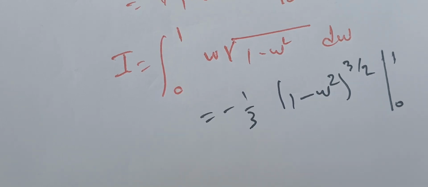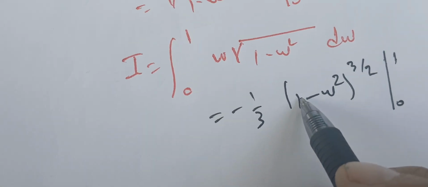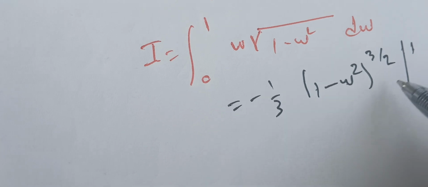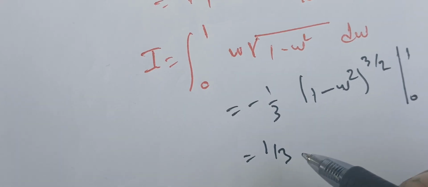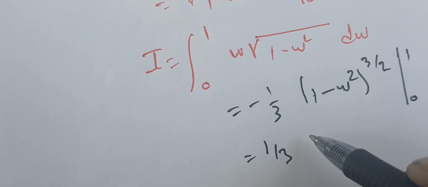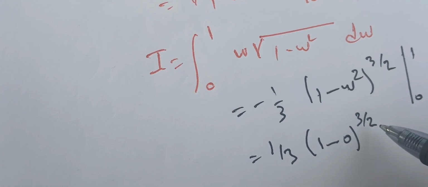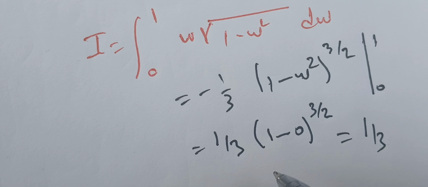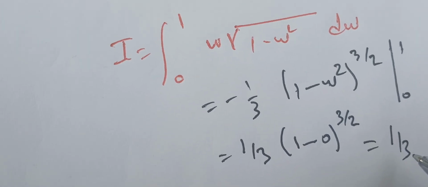When we do the evaluation at 1, we get 0, because here we have 1 minus 1 squared, which is 0, and the minus becomes a plus, so we have 1 over 3 times 1 minus 0 to the 3 over 2, and this gives us 1/3. So our integral value in this case is 1 over 3.